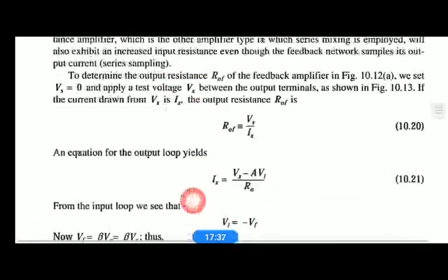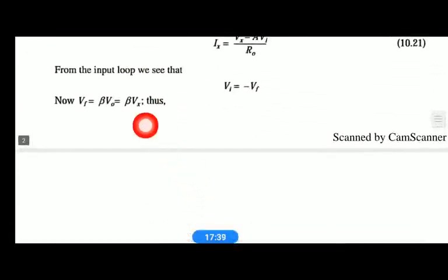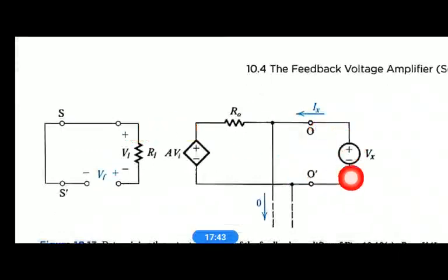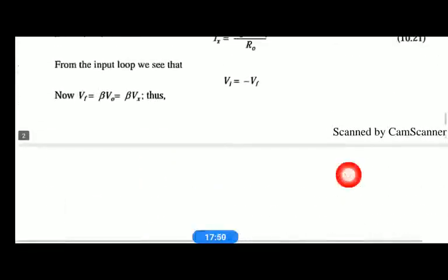Since the output voltage is Vx, not V0, when you are observing the output resistance, in place of V0 we replace Vx. So Vf is beta Vx.